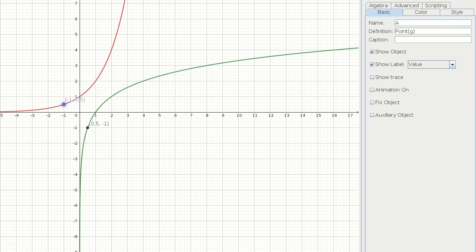So here's a point, -1, 1/2, and notice that on the graph of the log base 2 of x, we have the point where x and y is swapped, 1/2, -1. Here's the point 0, 1, and on the inverse, 1, 0. Here's the point 1, 2, and on its inverse, 2, 1.